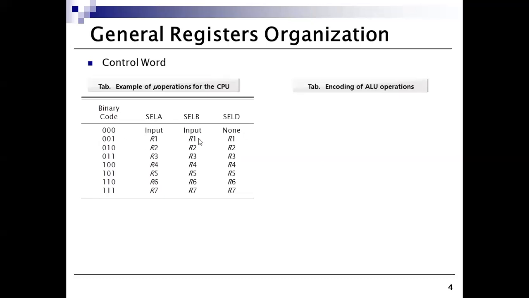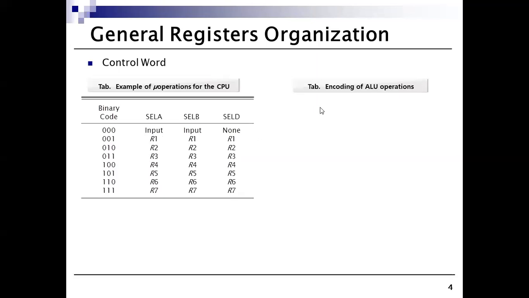If it is 001, the result is accepted by the R1 register, because the R1 corresponding load control will be activated. Similarly, 010, R2 load control, 011, R3, and so on.